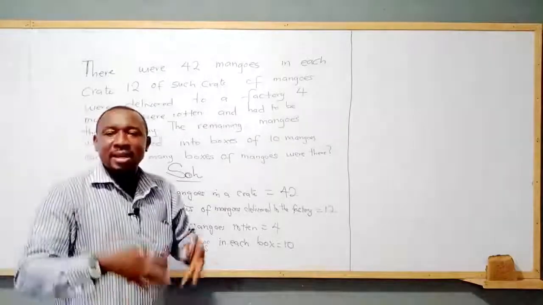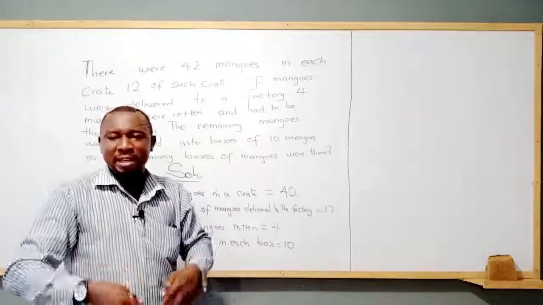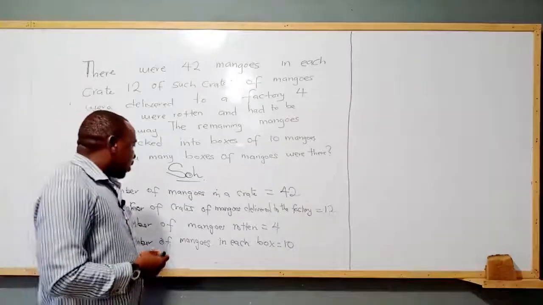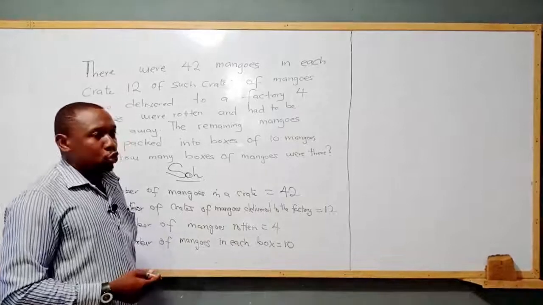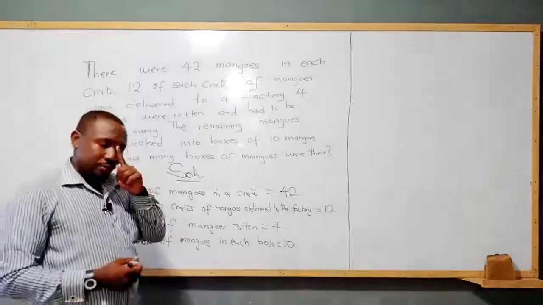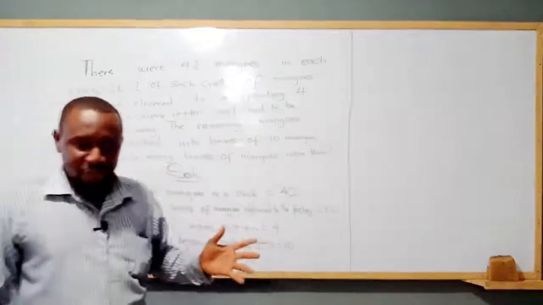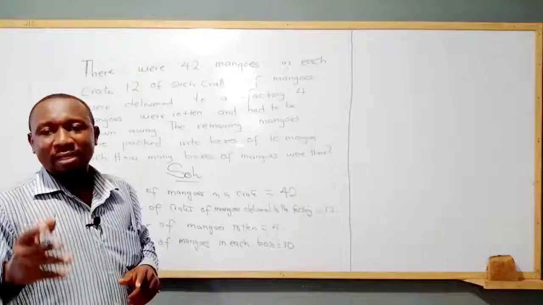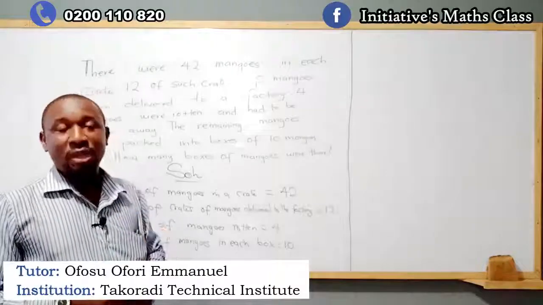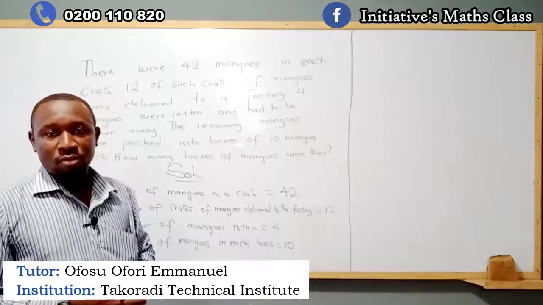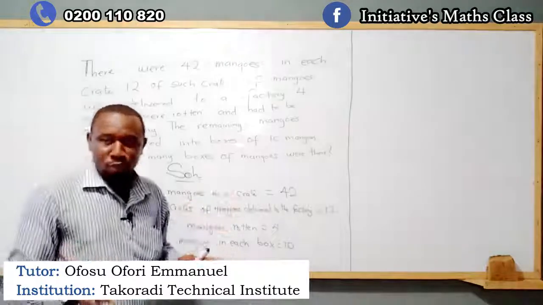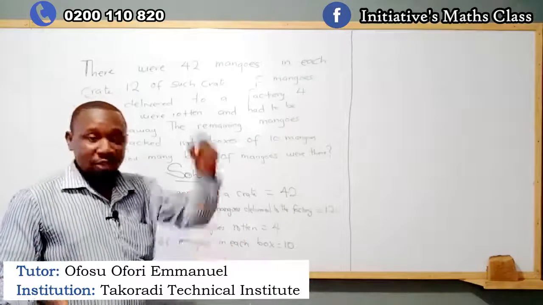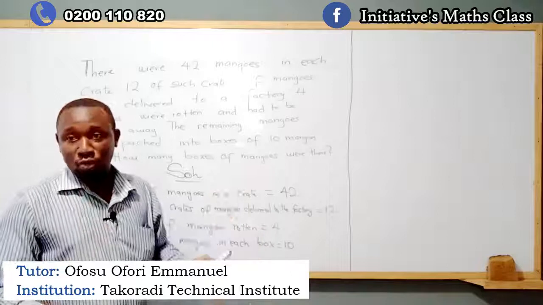So now let's calculate the number of mangoes that were in the 12 crates. For instance, if 2 people are carrying 5 mangoes each, and you should ask a class 1 student to tell you the number of mangoes that are with the 2 people, it is simply 5 times 2, because each person is carrying 5 mangoes.